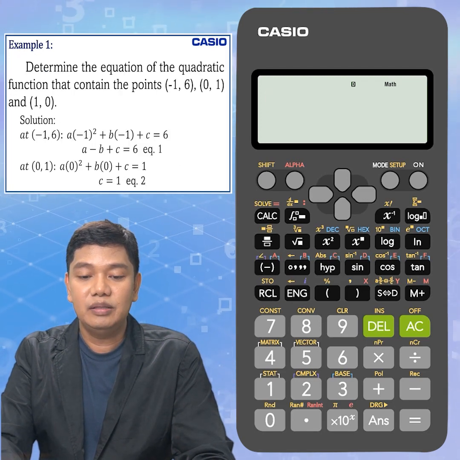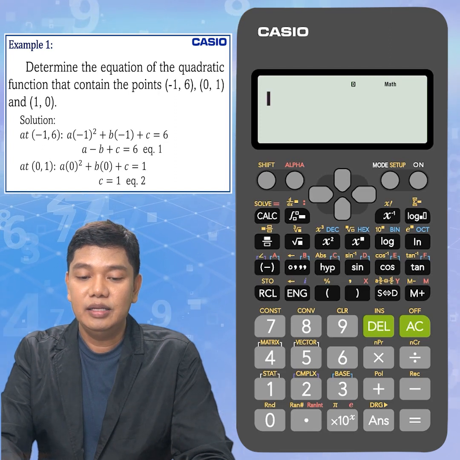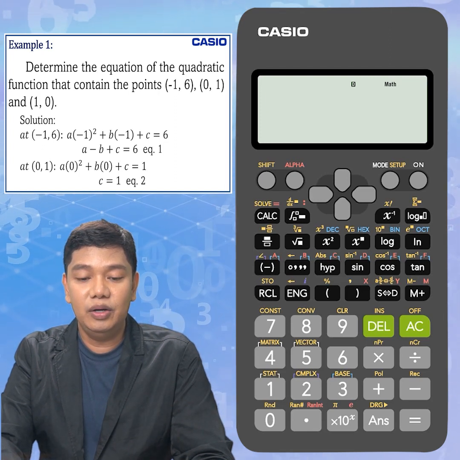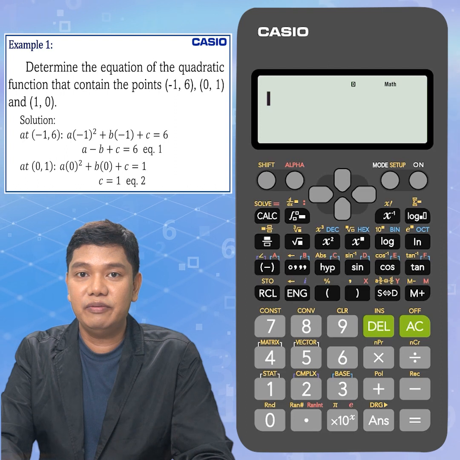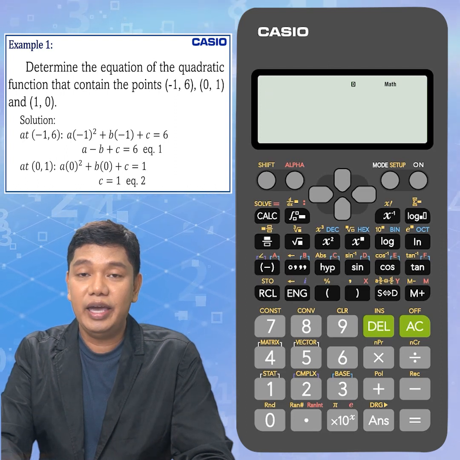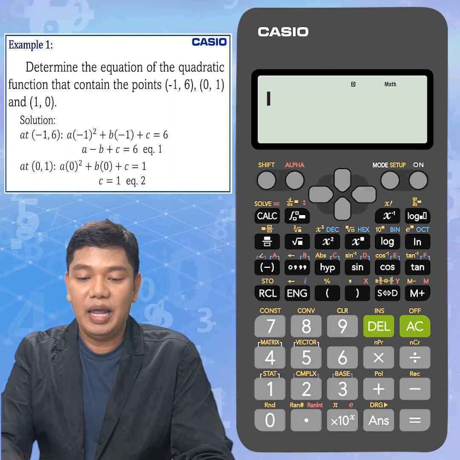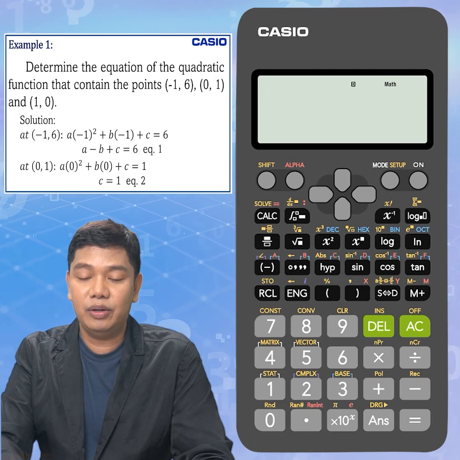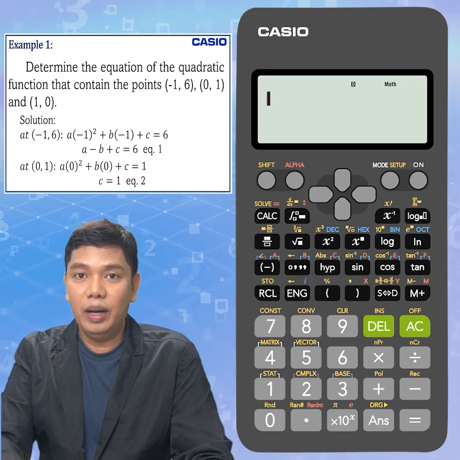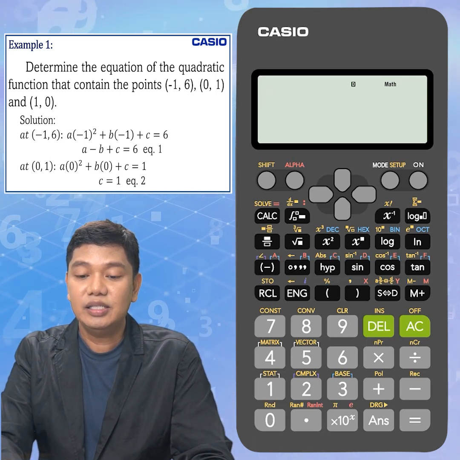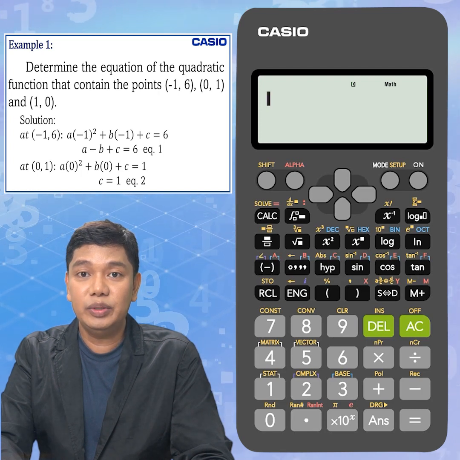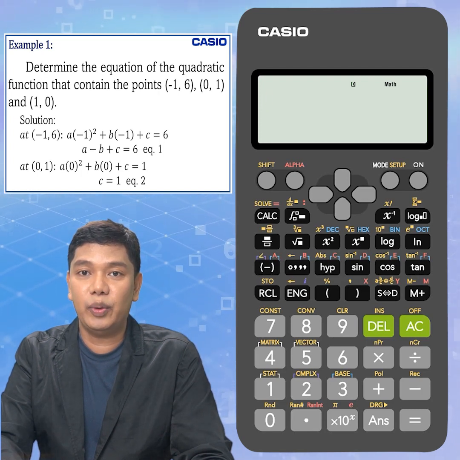Using this time the point (0, 1), substituting x equals 0 and y equals 1 to the given equation, we have a times 0 squared plus b times 0 plus c is equal to 1, which gives us c is equal to 1, which will serve as our second equation.